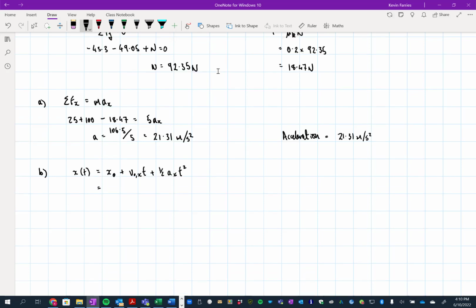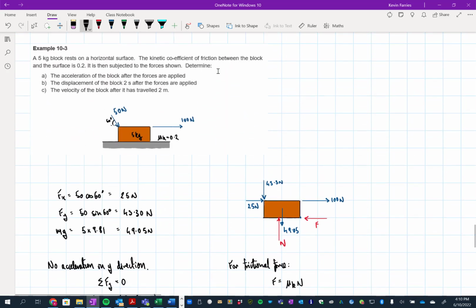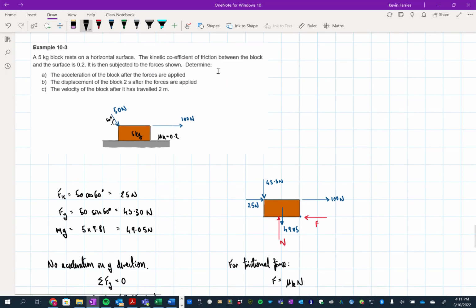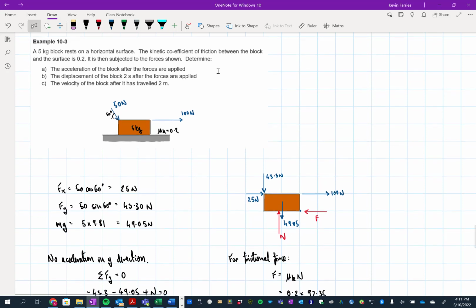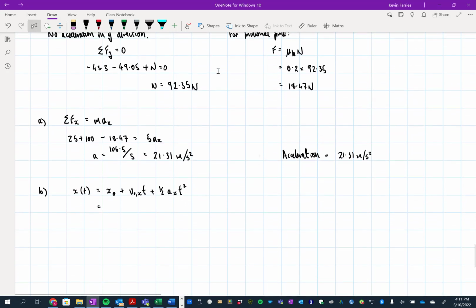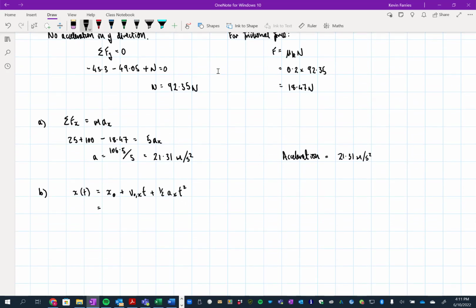The v naught, it said it was at rest before the forces were applied. So it's resting on a horizontal surface when the forces are applied. And so therefore v naught x is also 0. And so the equation is just equal to a half times the acceleration in the x direction. We should probably put that here. That should have been ax.